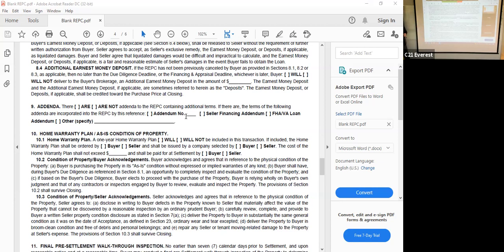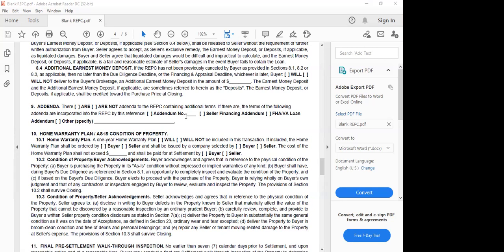You counter the whole thing, the REPC and the addendum. Okay, so what was said is you counter the whole thing. Do we have agreement on that, or is it something else? Please speak up. Okay. Well, that is correct.